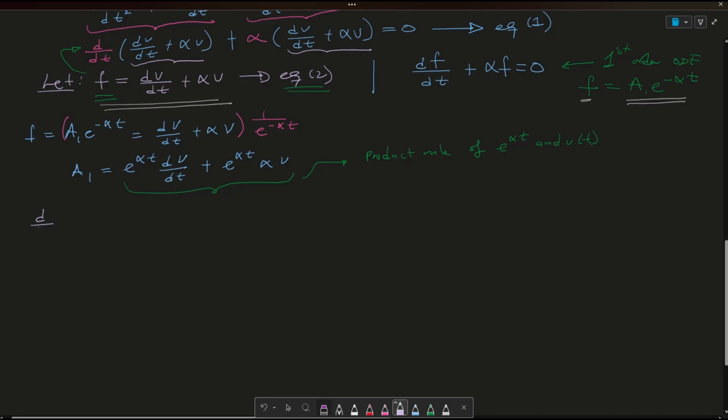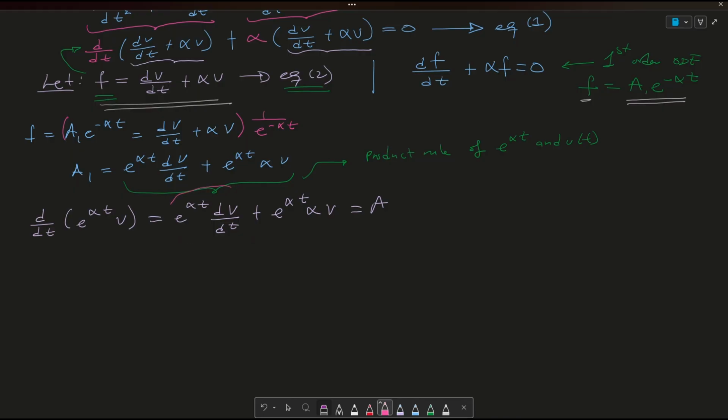If I take the derivative d over dt of e to the alpha t times v, the product rule says that I leave my first term alone, e to the alpha t, but take the derivative of my second term, dv over dt, plus I take the derivative of my first term, e to the alpha t times alpha, and leave my second term alone, v. As you can see, this entire thing is equated to a1. So I hope this makes sense.